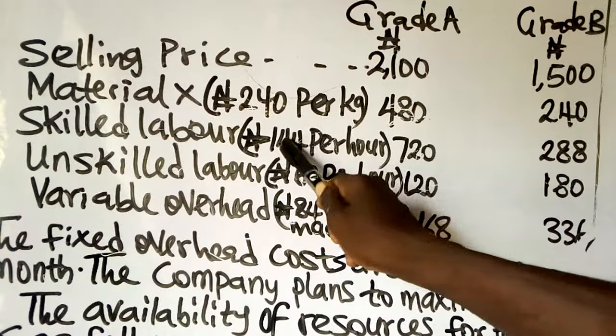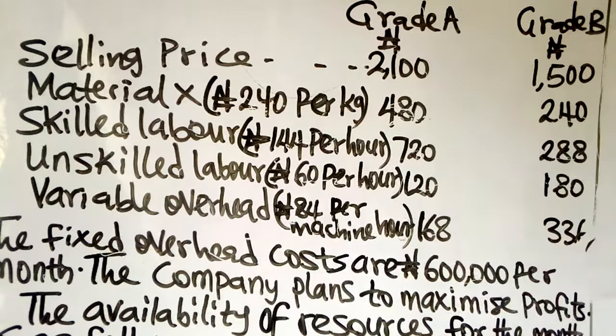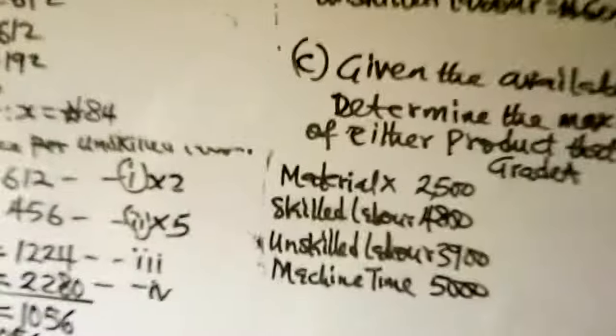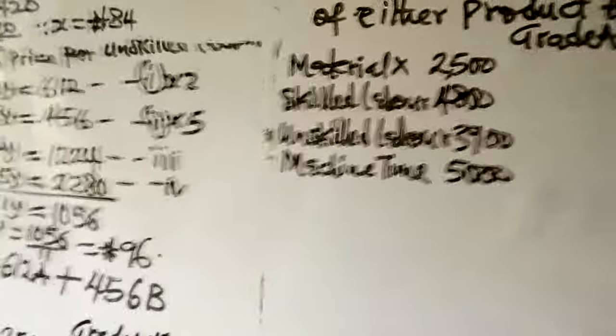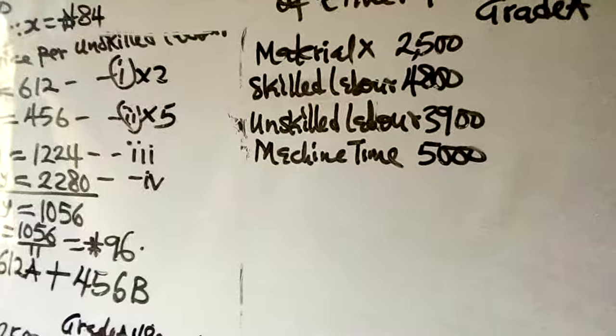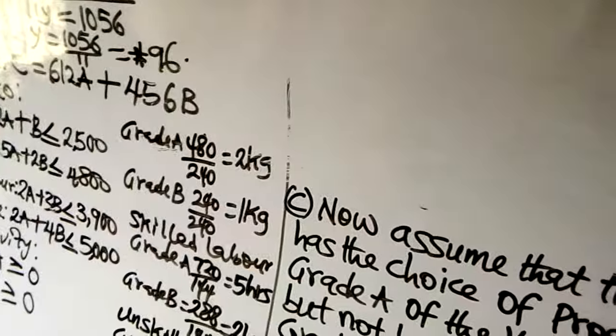Then 720 divided by 144, 288 divided by 144, 120 divided by 60, and 180 divided by 60. Then 168 divided by 84, and 336 divided by 84. So that is how we got the time required to produce 1 unit.